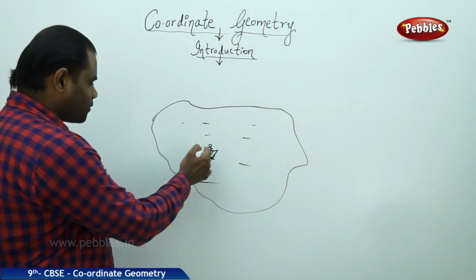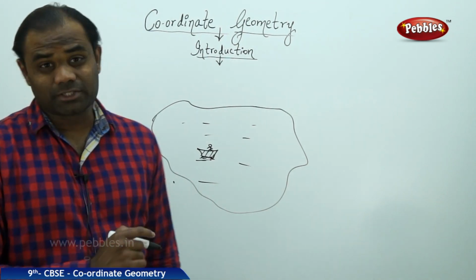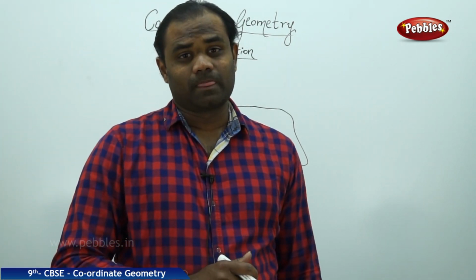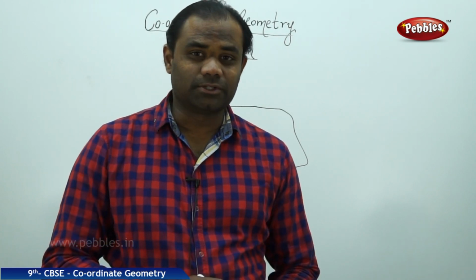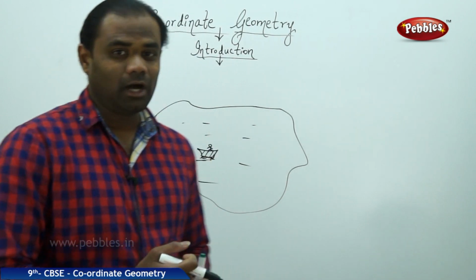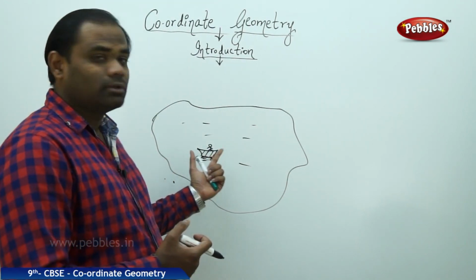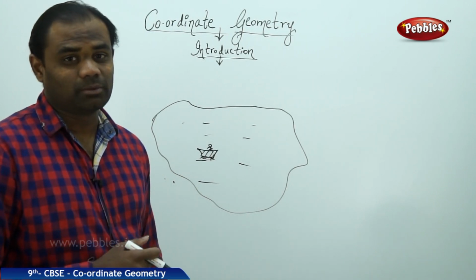So his destination to reach the bank, which is out here, would be based on coordinate geometry. Interestingly, this is a real life situation which demands coordinate geometry. So let's see how he estimates the bank through application of coordinate geometry.